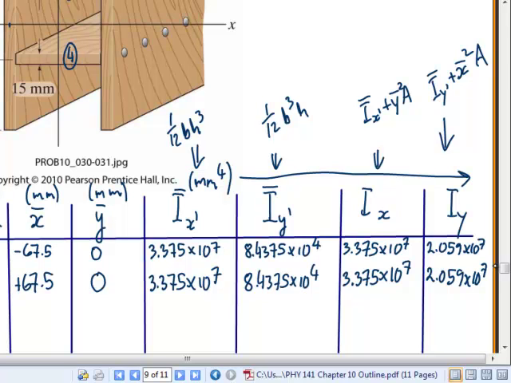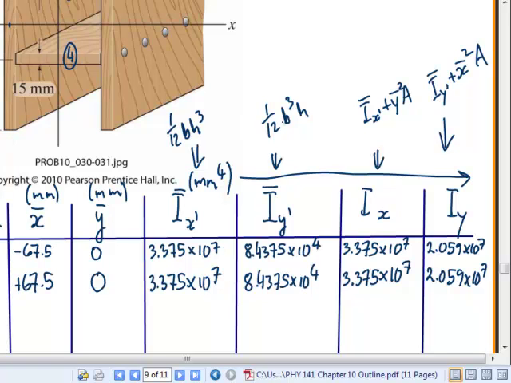What was the height and the base of these? So on these ones, the base is still the base, so the width, so that's the 15 millimeters for this piece, and the height is the distance on the y-axis.